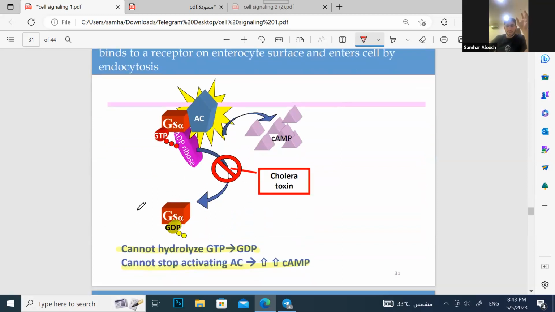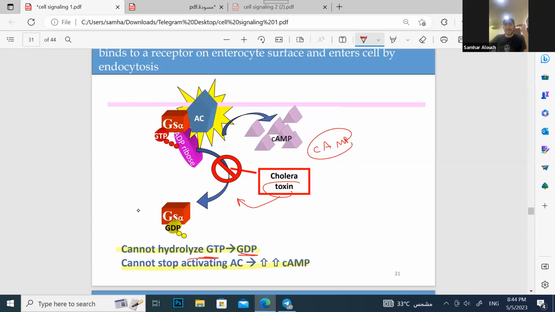So cholera is a bacteria. It releases a toxin, and this toxin inhibits the hydrolysis of GTP to GDP. So now we can't convert GTP back to GDP. GTP will stay there forever, and it will cause the activation of cyclic AMP all the time.